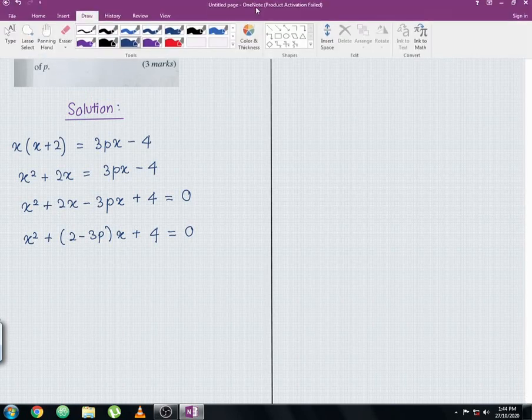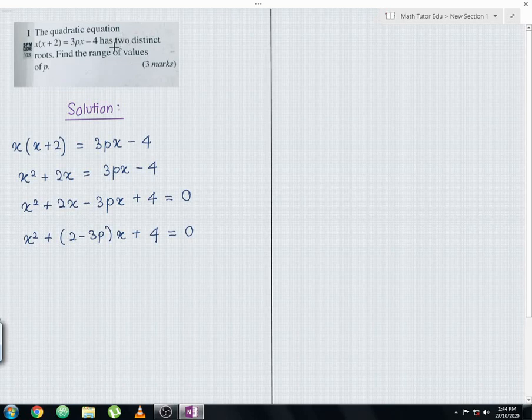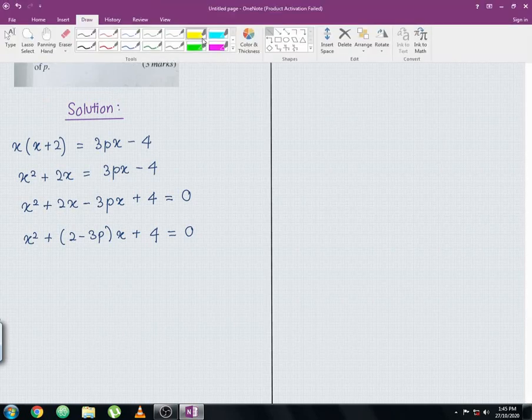Okay, so I want you to take a close look at this hint, guys. Two distinct roots. So we're going to use this information to find the values of p.